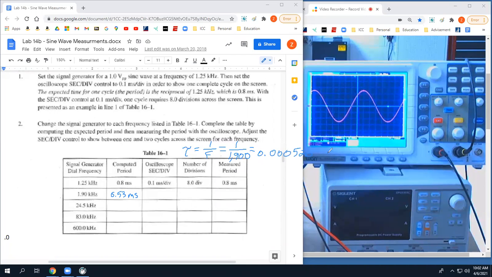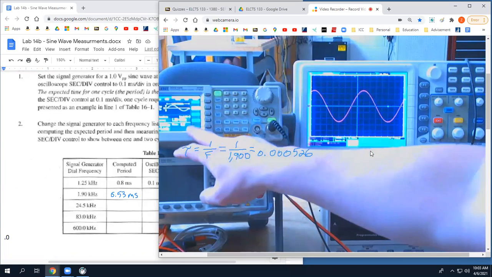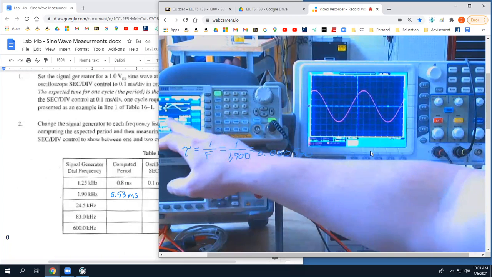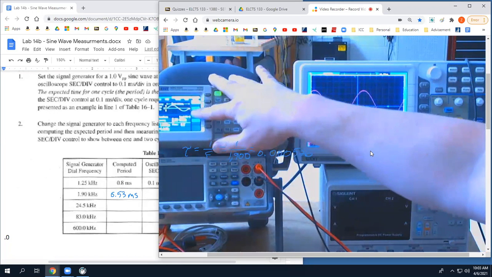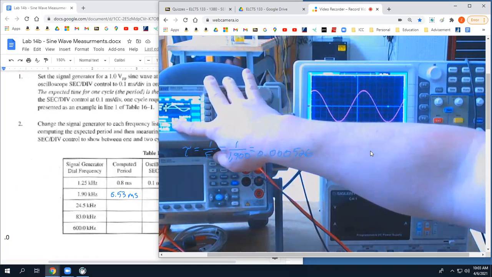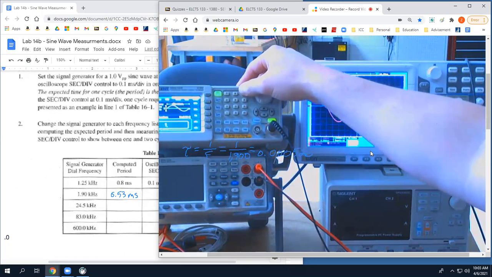Now on my signal generator, I'm going to change the frequency to 1.9 kilohertz. So I'm going to go to frequency. Now my frequency doodad is lit up. And right here, where it says 1.25, I'm going to change that to 1.90.